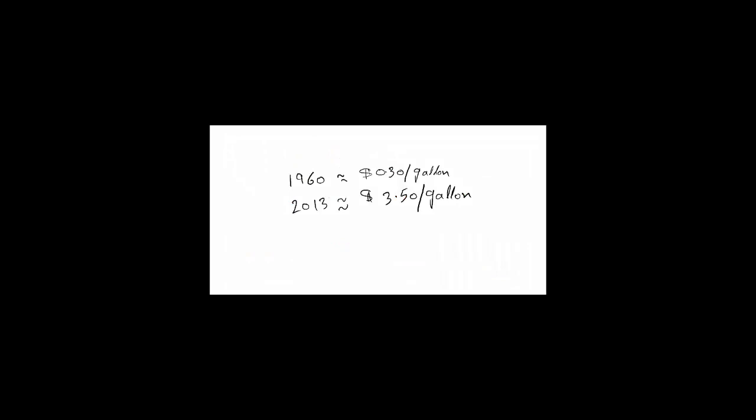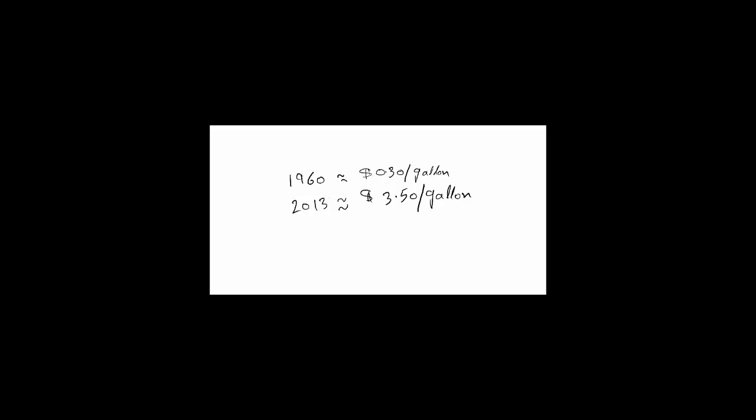In 1960, the average price of gas was 30 cents per gallon. As of 2013, the average price of gas was $3.50 per gallon. So how do we compare 1960 gas prices with 2013 prices? One idea is to convert 1960 prices into 2013 dollars.